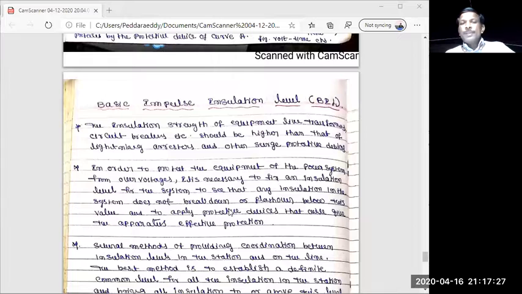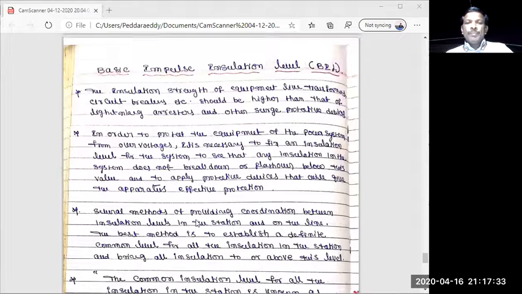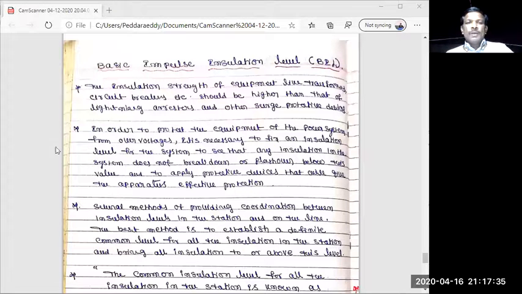Basic impulse insulation level, simply we call BIL. The insulation strength of equipment like transformers, circuit breakers, etc. should be higher than that of lightning arresters and other such protective devices. In order to protect the equipment of the power system from overvoltages, it is necessary to fix an insulation level for the system, to see that any insulation in the system does not break down or flash over.